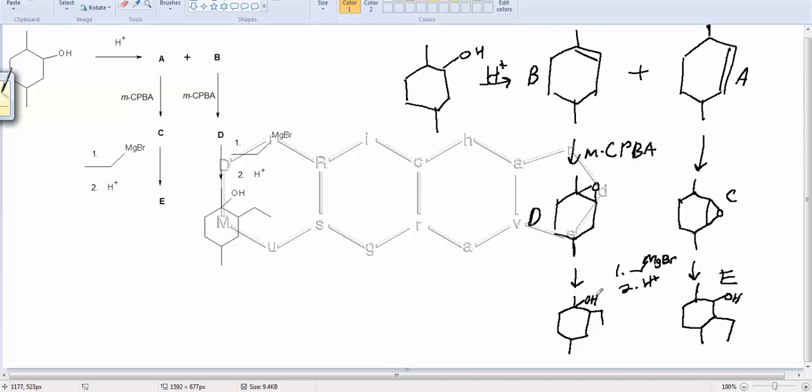Now the mechanisms are kind of helpful to us in determining what happens to form these two products here. So I'm going to briefly show you how that happens. So as I said earlier, this Grignard can only attack on this side because it's less hindered than this side.